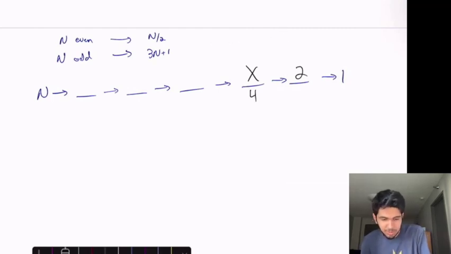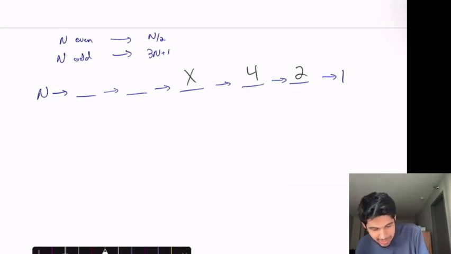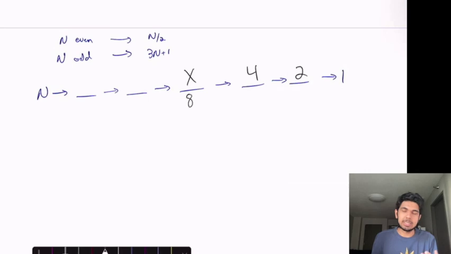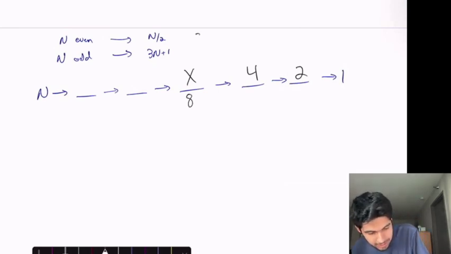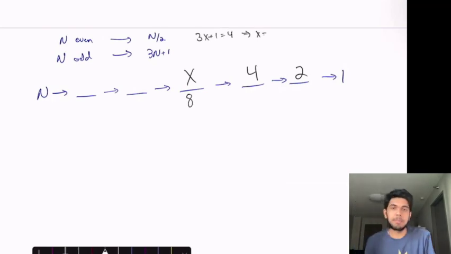Okay, so we're in good shape. We're building up our way. Let's move on to the step right before that, and we'll call this x. So this could be 8, right? Because if x is 8, it's even. In the next step, 8 divided by 2 is 4. That's good. Or we could have had 3x plus 1 equals 4. If you solve for x, you get x equals 1.